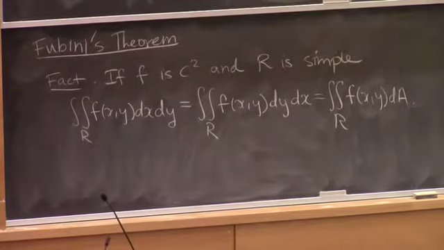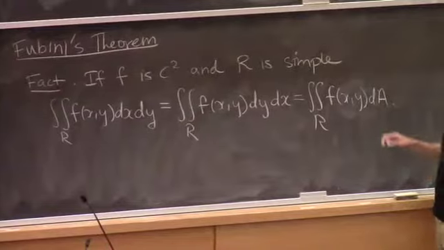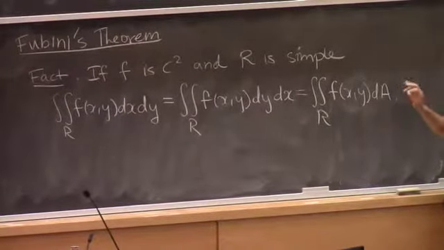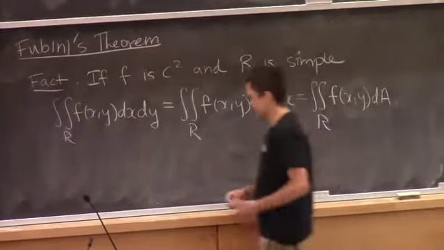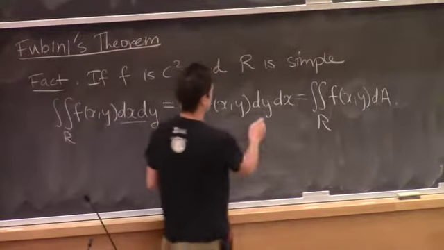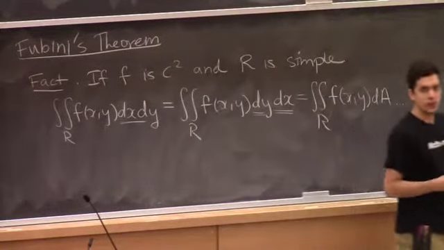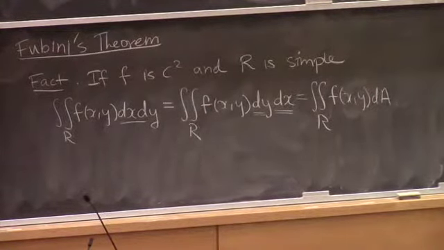So if we've got a C2 function on a region with simple boundary, then we can switch the order between dx dy and dy dx. And the volumes will come out being the same.